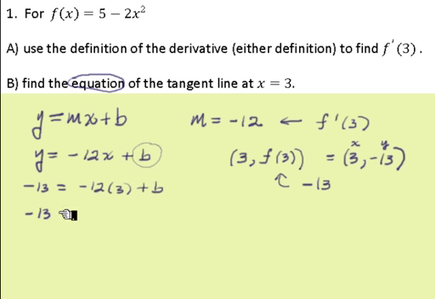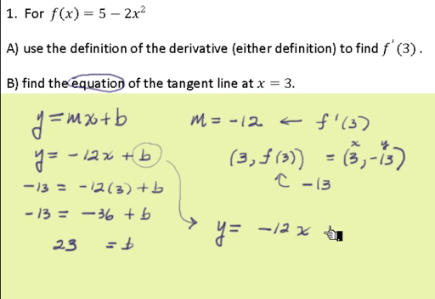We have minus 13 is equal to minus 36 plus b, and b is equal to 23. So let's finish this equation over here. For the equation of the tangent line, y is equal to minus 12x plus 23.